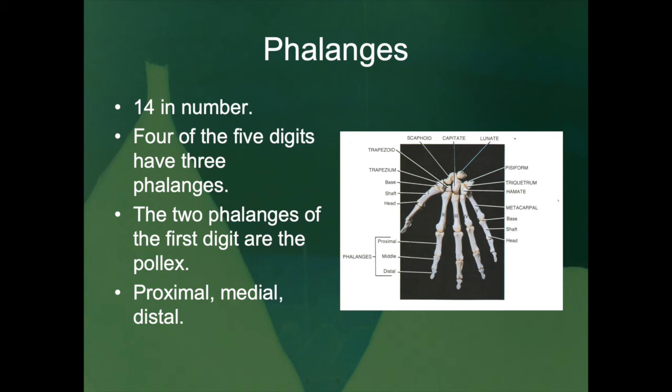So a lot to consider there when it's described to you, but what I'd like you to do is get into your BASS book and take a look at the phalanges, look at some of the illustrations, maybe even pull up some images online, and really try to get a sense of what they look like and how they're oriented, because they are very unique, but very easily confused with the phalanges of the foot for many different reasons, including their overall shape.